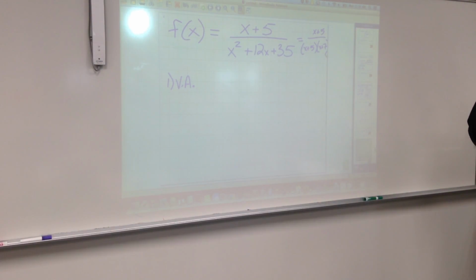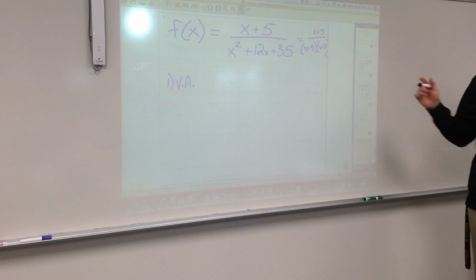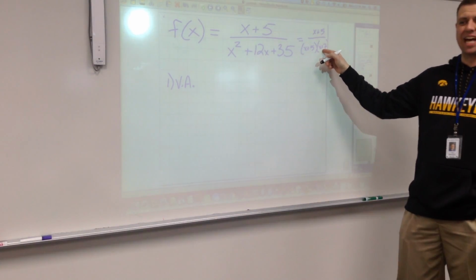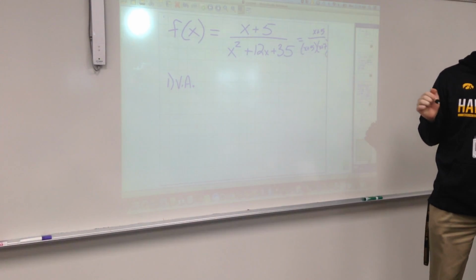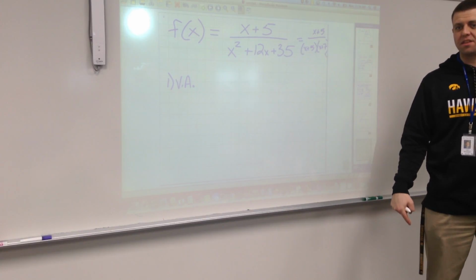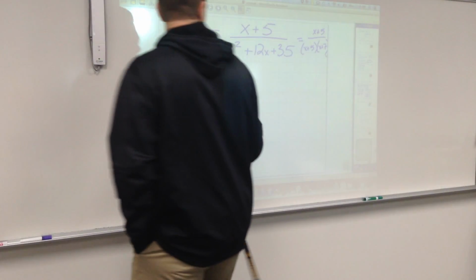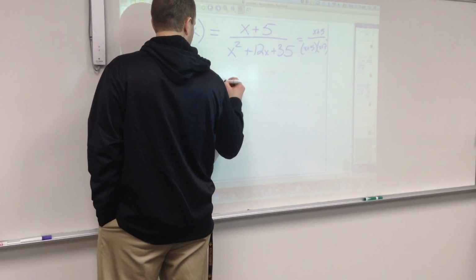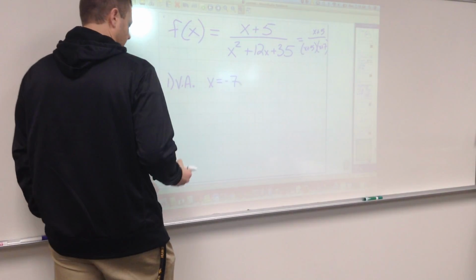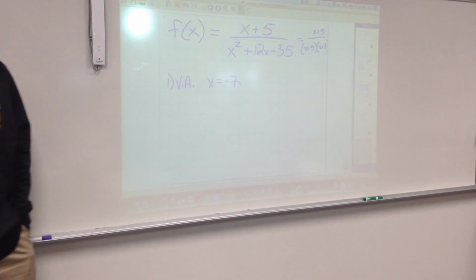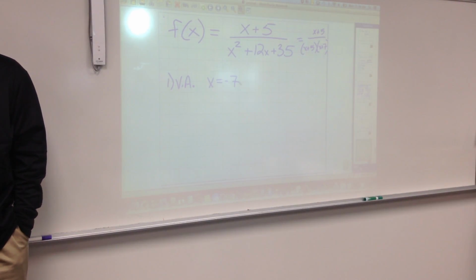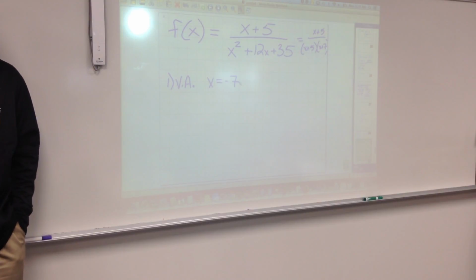There will be a vertical asymptote at x equals -7 because that is an x value that makes only the denominator equal 0. If I ask you why, you would say, because that is an x value that makes only the denominator equal 0.